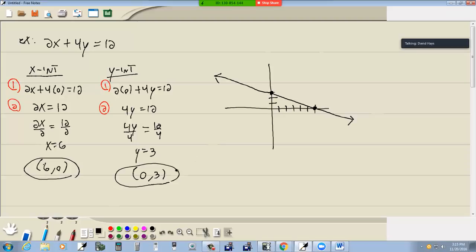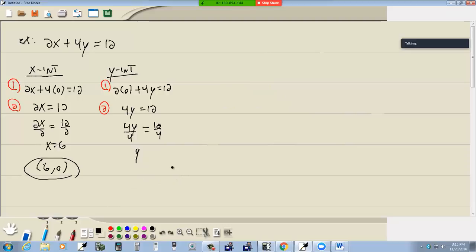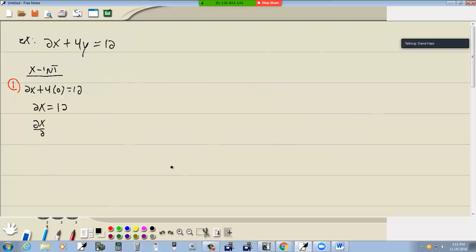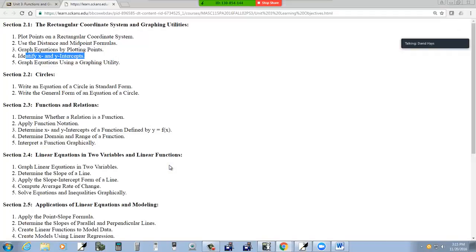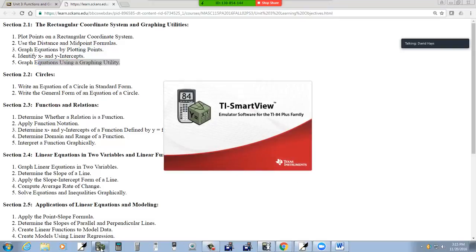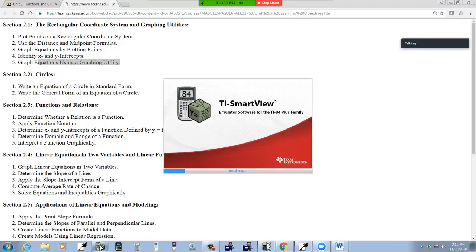Okay, let me clear that off. Graphing equations using a graphing utility. I'm going to graph the basic building blocks.